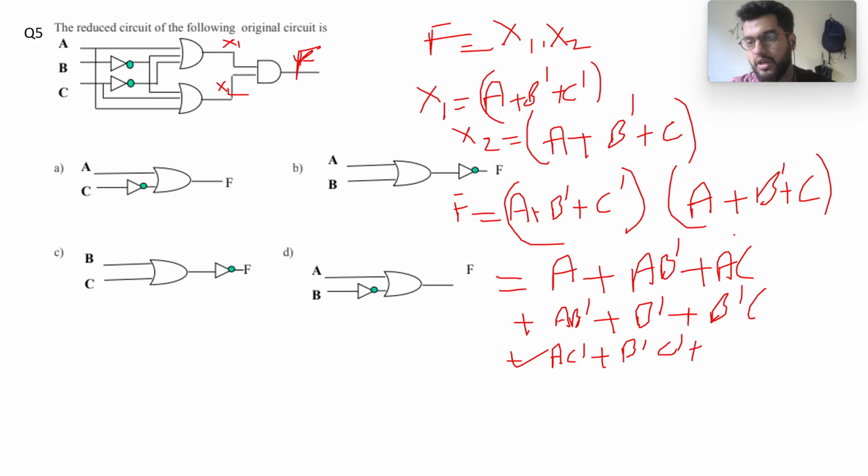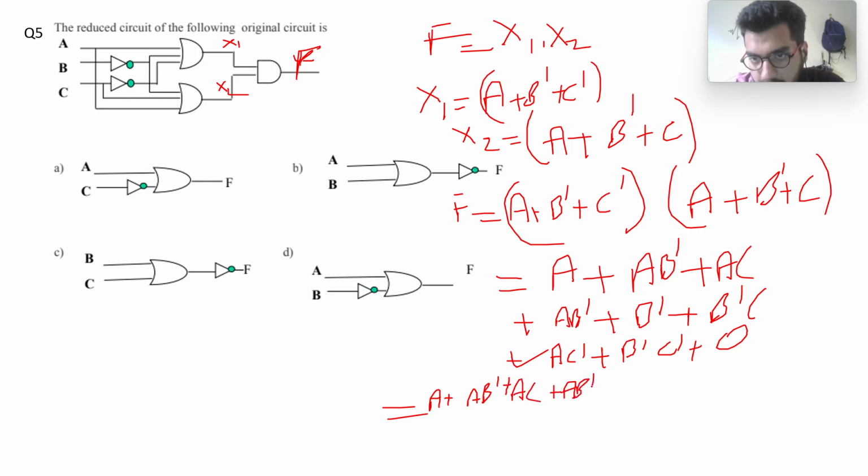Then C bar C is 0. Now I have my expression like this: A plus AB bar plus AC plus AB bar plus B bar plus B bar C plus AC bar plus B bar C bar.